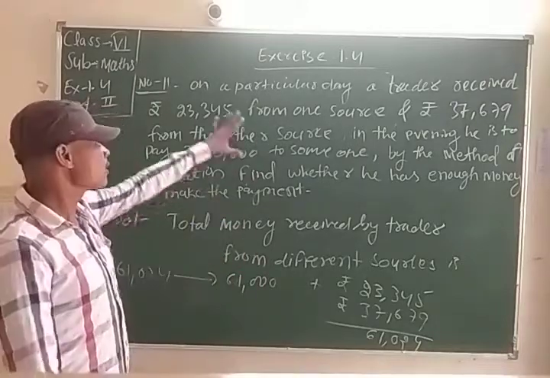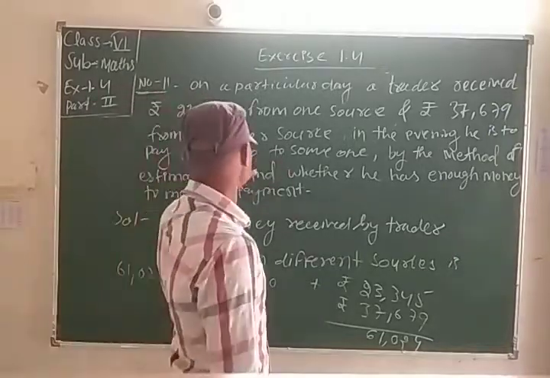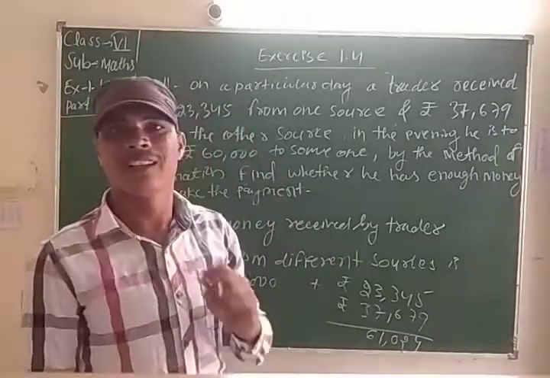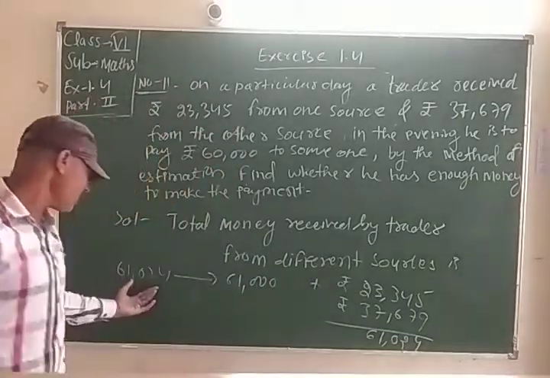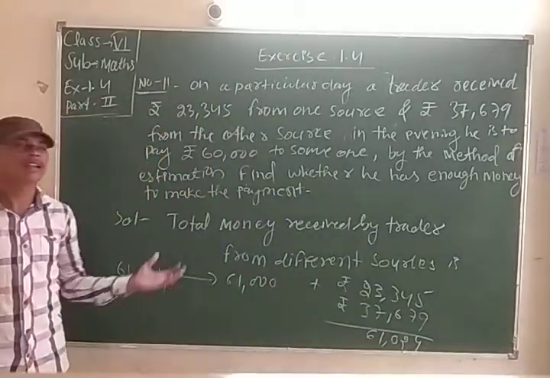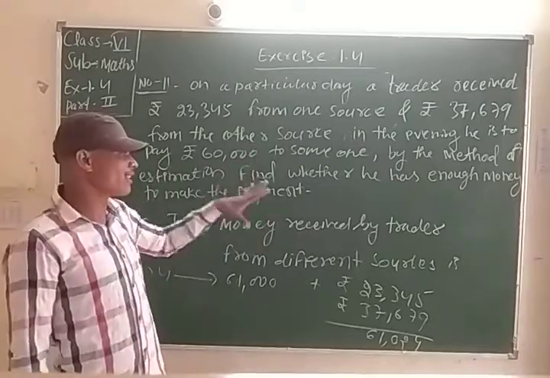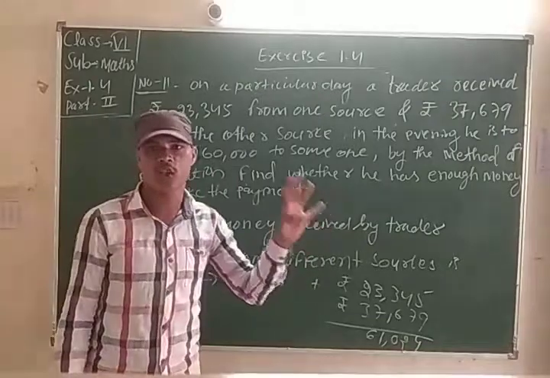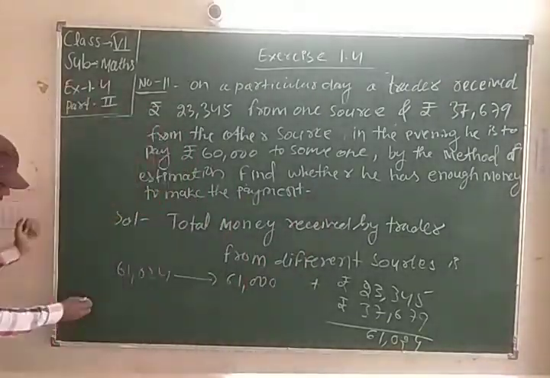Then how much does he have to give someone? 60,000. Then does he have sufficient money or not? He has sufficient money because he received 61,000 and gives someone 60,000. Then we can say that yes, he has enough money to give someone. Then we write the answer yes.